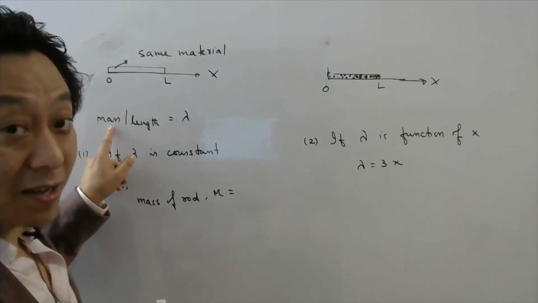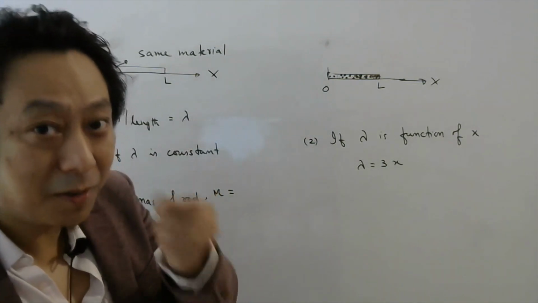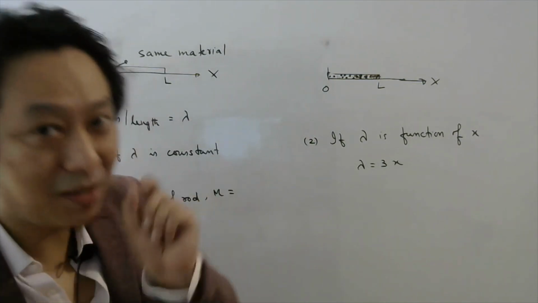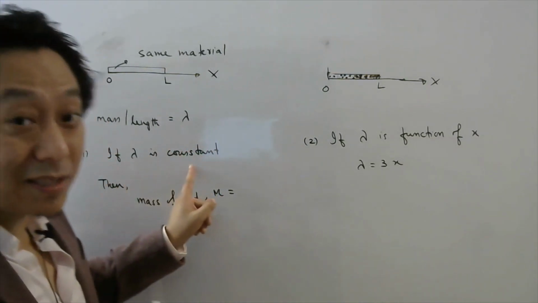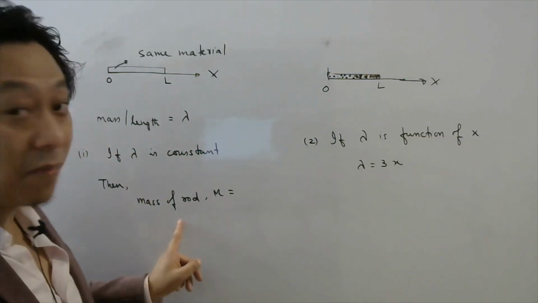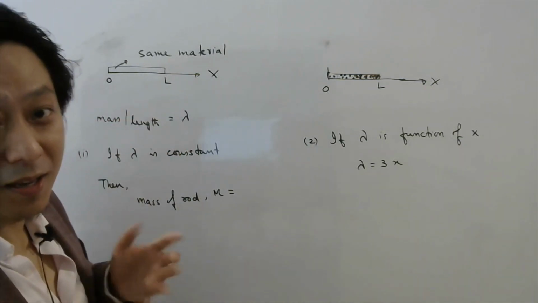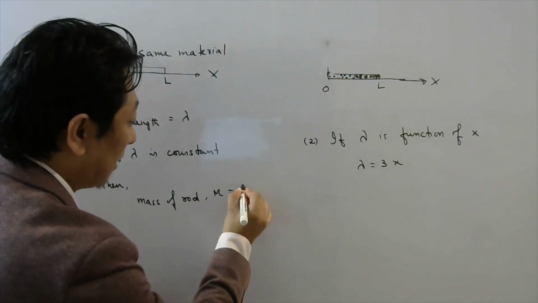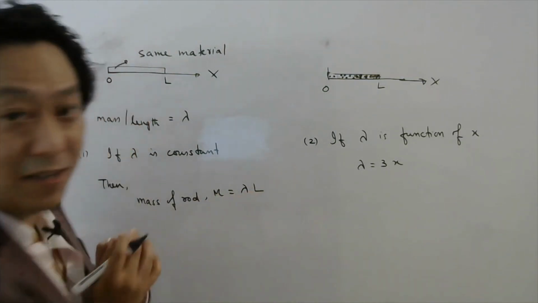So if the mass per unit length, meaning mass per meter, mass of 1 meter, is, let us say, lambda, and if that lambda is constant, then how will you find the mass of the entire rod whose length is capital L? Simple, you will multiply the mass per unit length with length, isn't it?